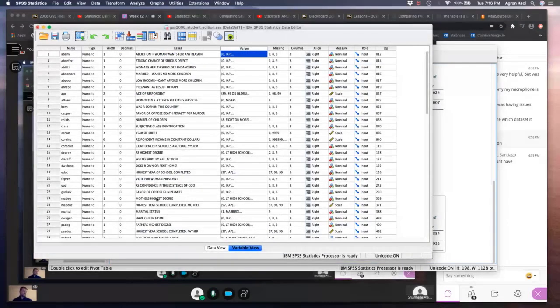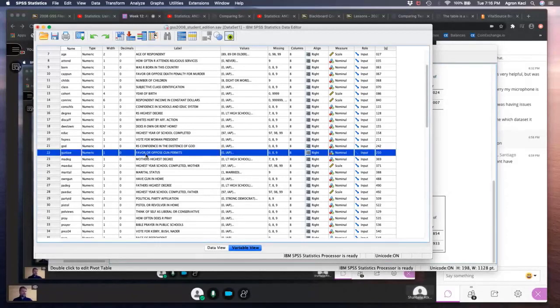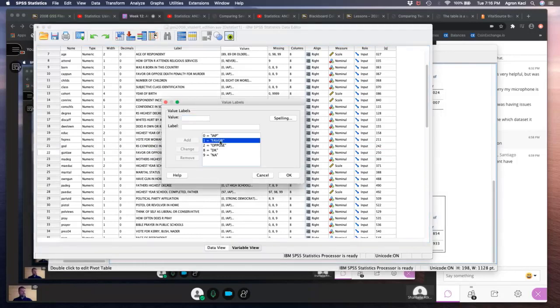I want one more thing. I want to figure out in the gun ownership again. But now I want the gun law, whether they favor or oppose gun permits.